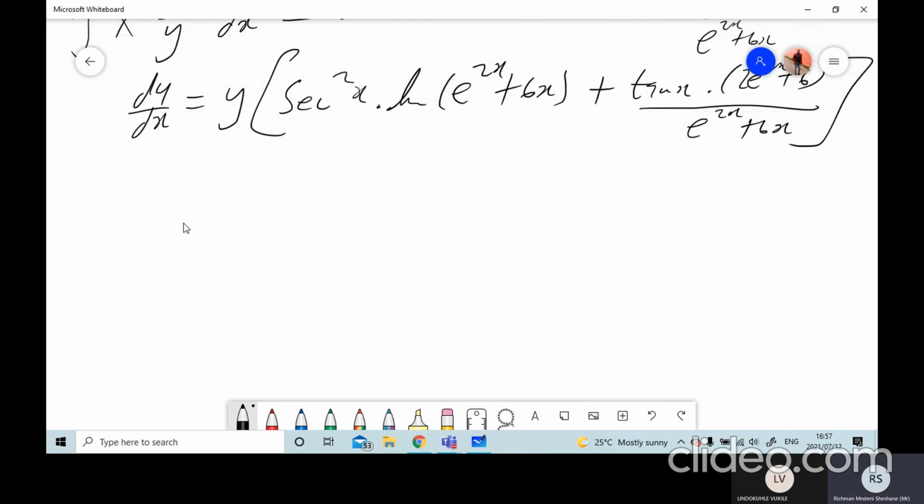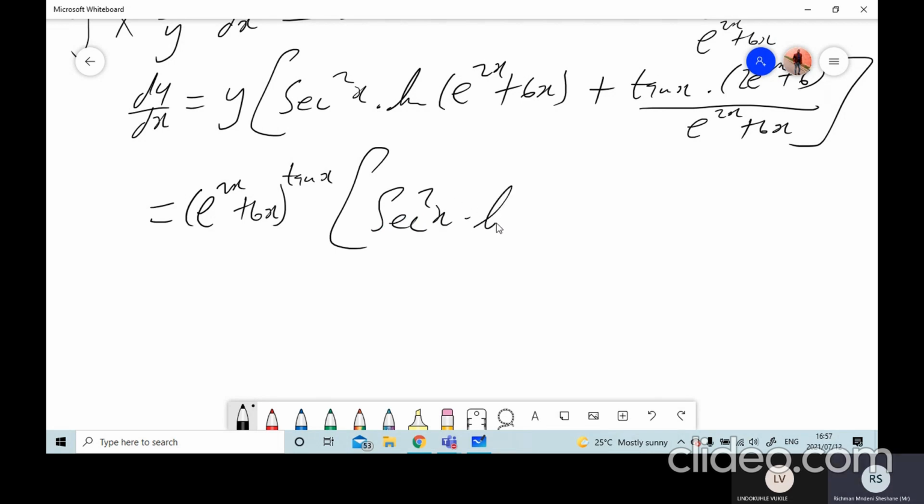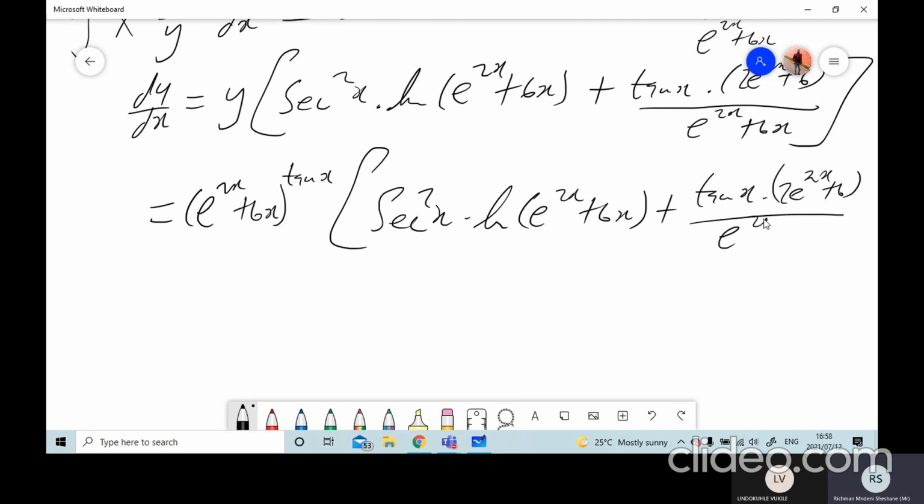The derivative in log differentiation should be only in terms of x. So here, the final answer is when we substitute y. Y is, we said, e to the 2x plus 6x to the power of tan x. And multiply by sec squared x ln of e to the 2x plus 6x plus tan x times 2e to the 2x plus 6 over e to the 2x plus 6x.